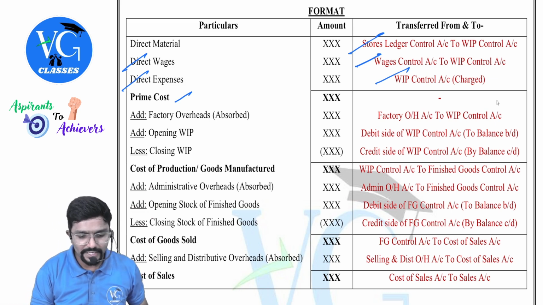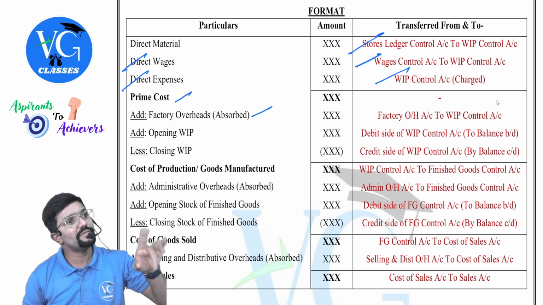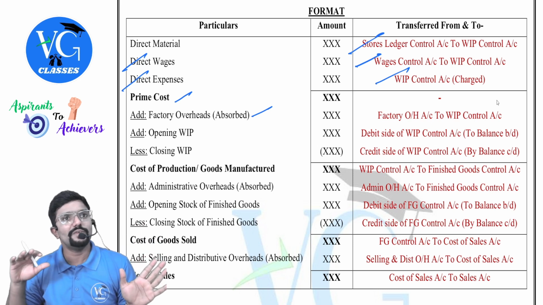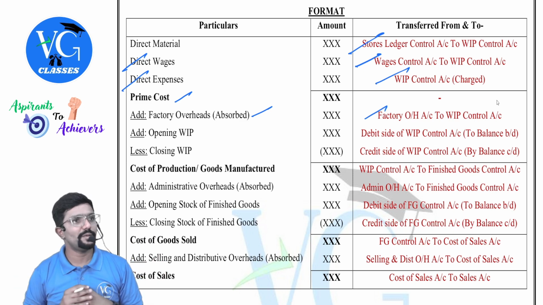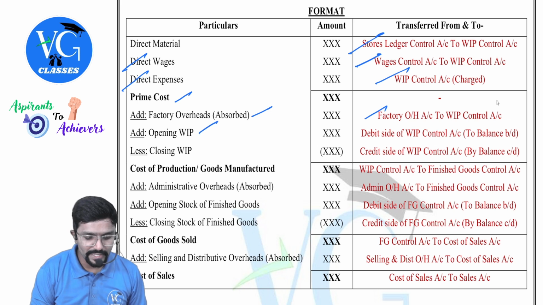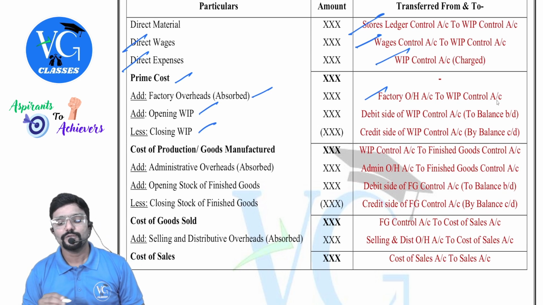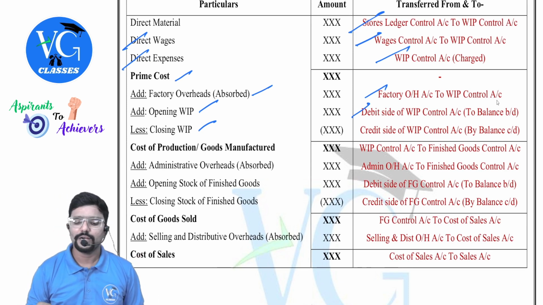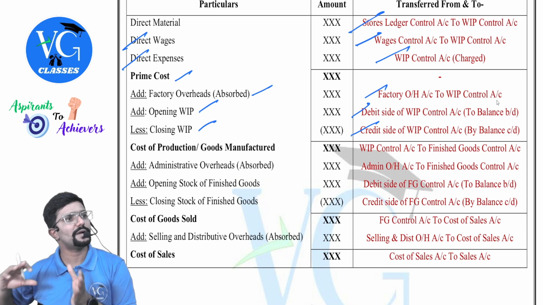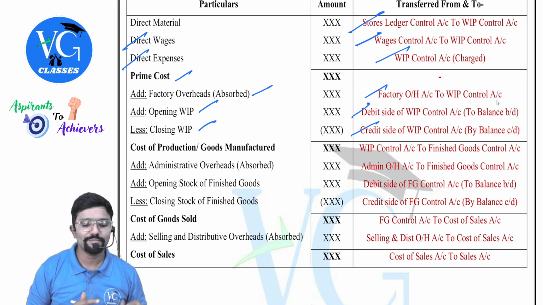Then factory overhead absorbed. First incurred, where do we record? Factory overhead absorbed, we will send to WIP. Then coming to opening WIP and closing WIP, we show opening WIP on the debit side of WIP control as balance brought down, and closing balance on the credit side as balance carried down. So simple, guys.